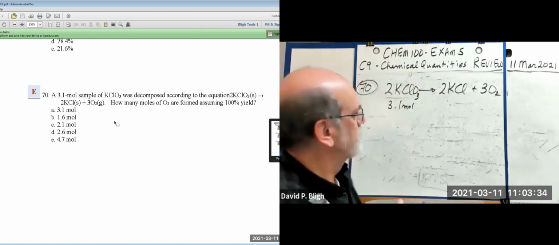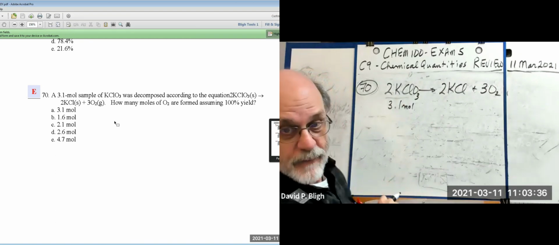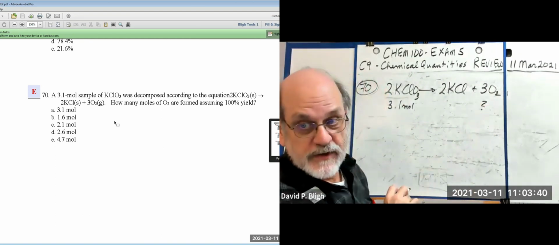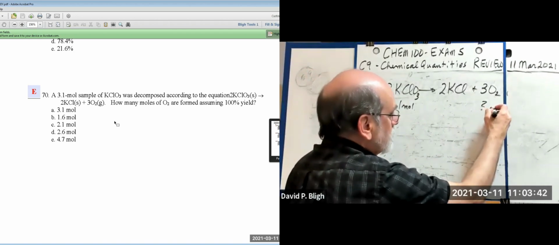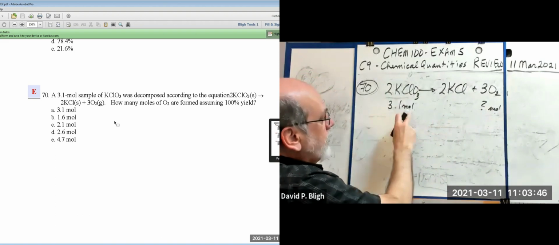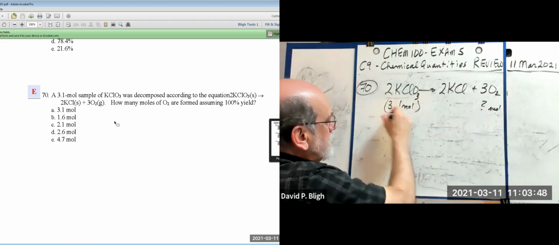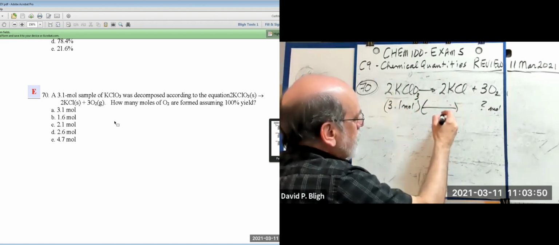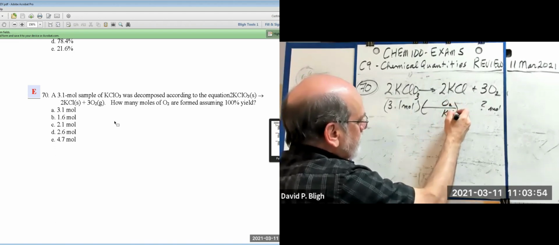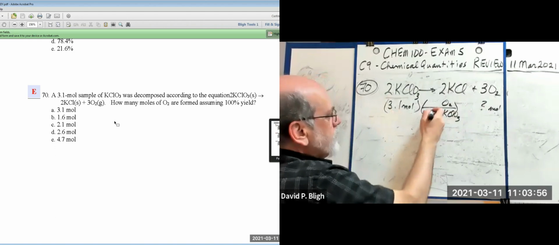This is simple. How many moles of oxygen with 100% efficiency? That's just theoretical all the way across. 3.1 moles of that are related to O2 by their coefficients.